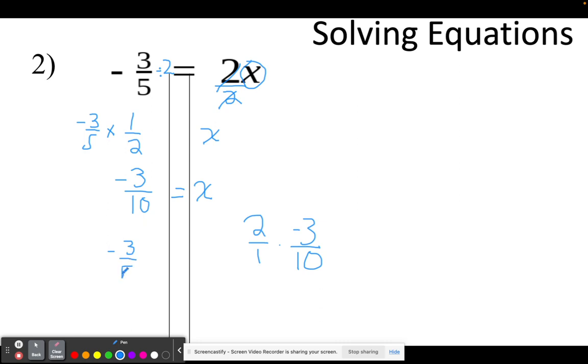Are those equal? Simplify before you multiply. 2 and 10. Now multiply. 1 times negative 3 is negative 3. 5 times 1 is 5. So yes, it is correct. It does work. So my x is negative 3/10.